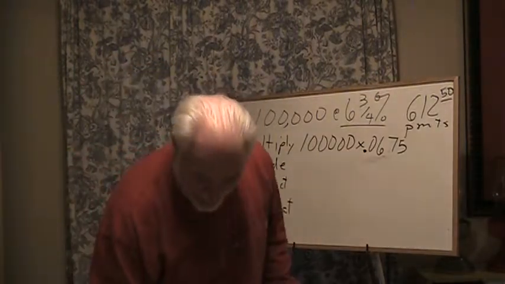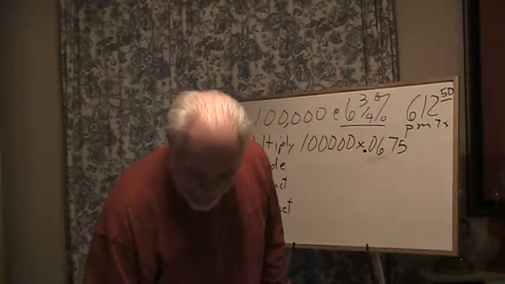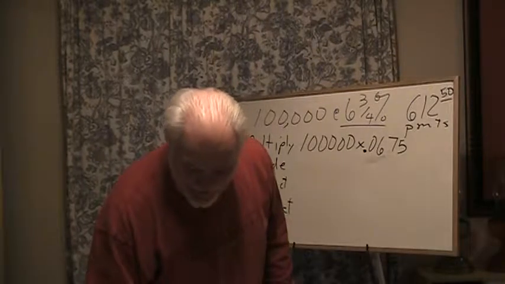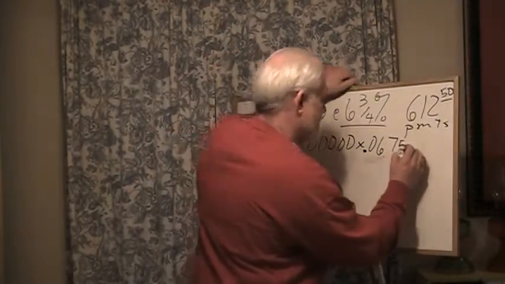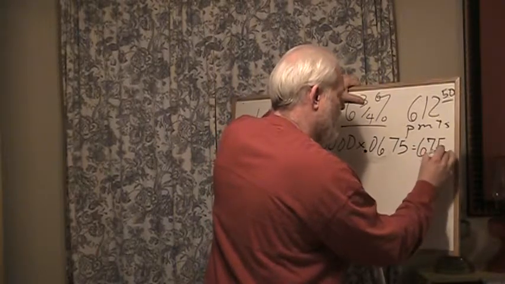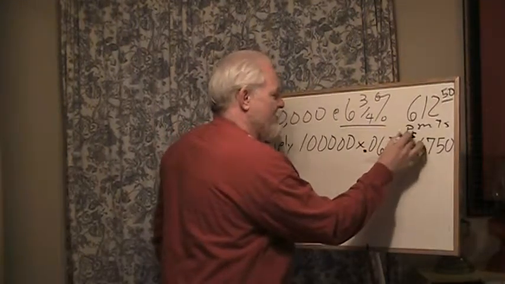All right, let's do that in the calculator. $100,000 times 0.0675, and that is $6,750. Now, what is that number right there?